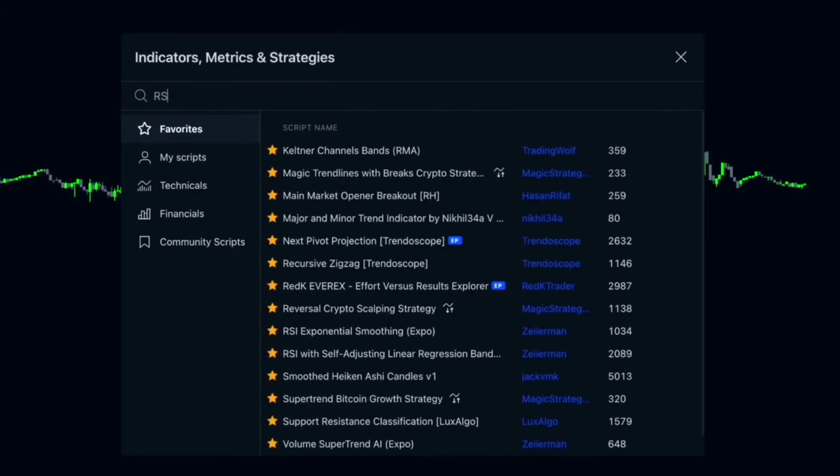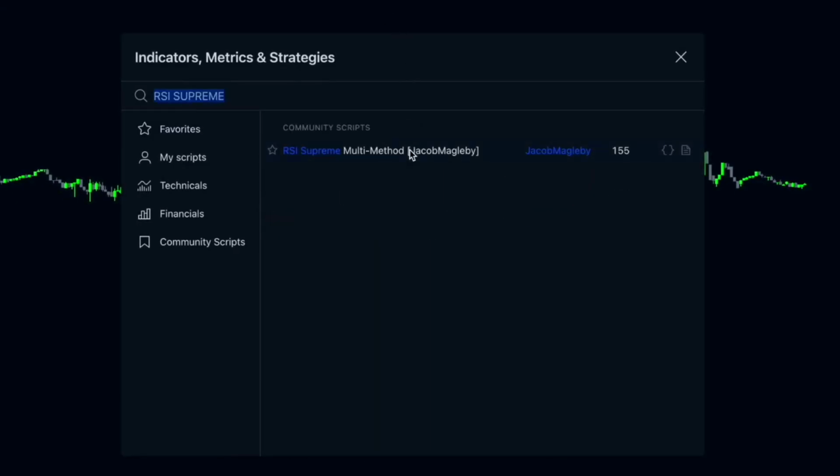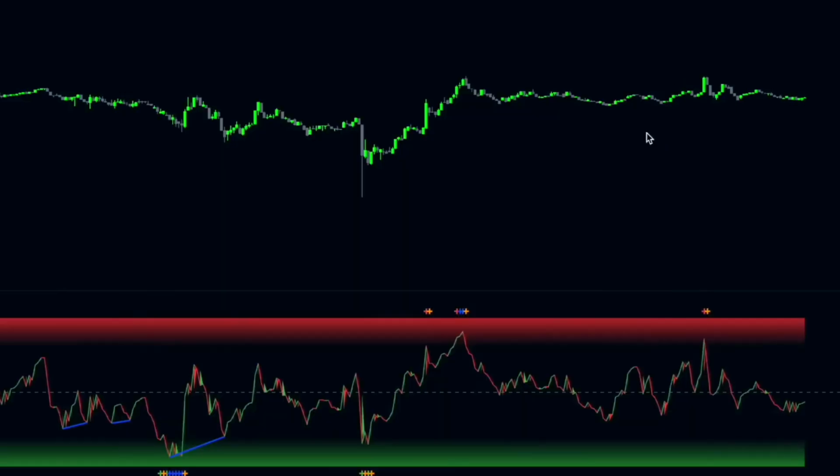Here's how to set up these indicators first. Open any chart on TradingView and search for the RSI Supreme multi-method by this amazing scripter. Install it on the chart and adjust the settings as described.